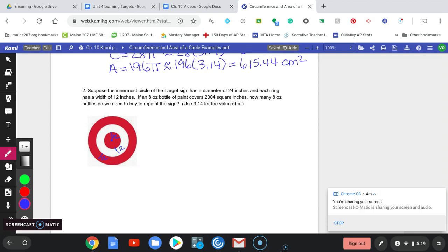Now there are two things going on. One of them is I need to find the area of the bullseye, but I also need to find the area of this outer ring. The area of the outer ring is going to equal the area of the biggest circle minus the area of that medium-sized circle. So we're looking for a difference between the areas of two concentric circles. We need to figure out what is the radius of the big circle.